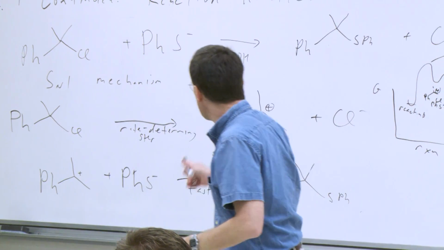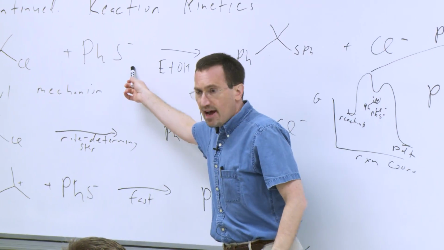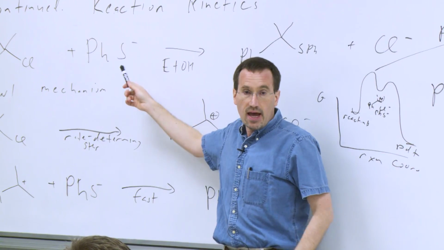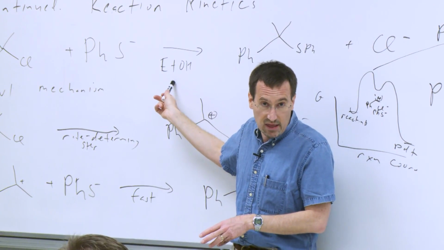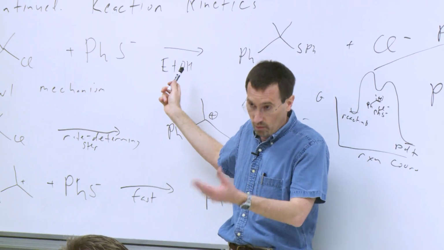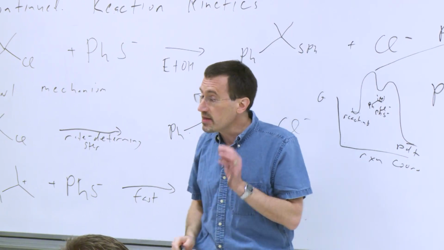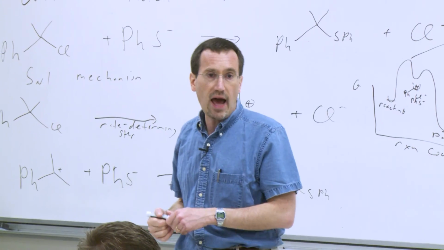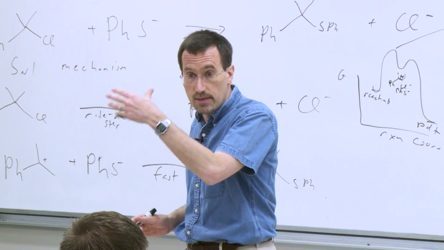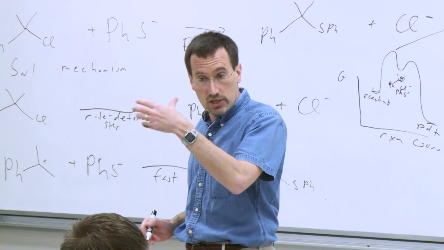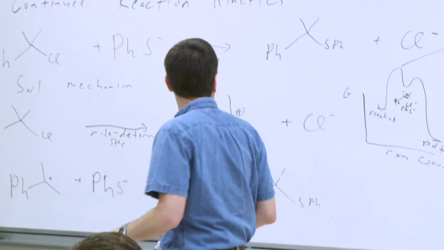If the reaction with benzene thiolate had a half-life of 10 minutes, and we omit the benzene thiolate, and the reaction still occurs with ethanol to give the ethyl ether, which it will, then that reaction will also have a half-life of 10 minutes. It's just that in this case, the benzene thiolate is so much more efficient as a nucleophile.